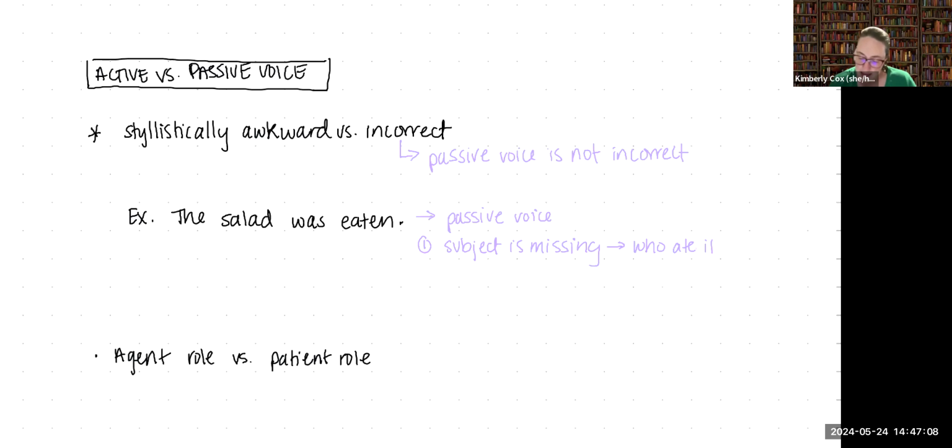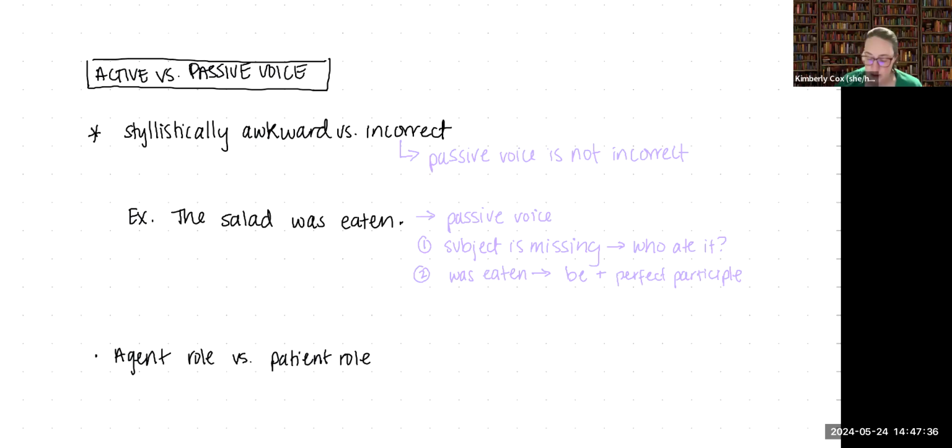Who ate it? The other reason that we know that it is a passive construction is because of the verb phrase "was eaten," which is a form of the verb to be plus a perfect participle. And that blend only happens when we're dealing with the passive voice.